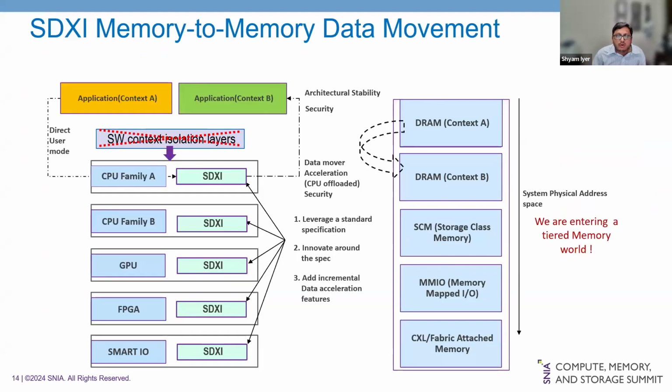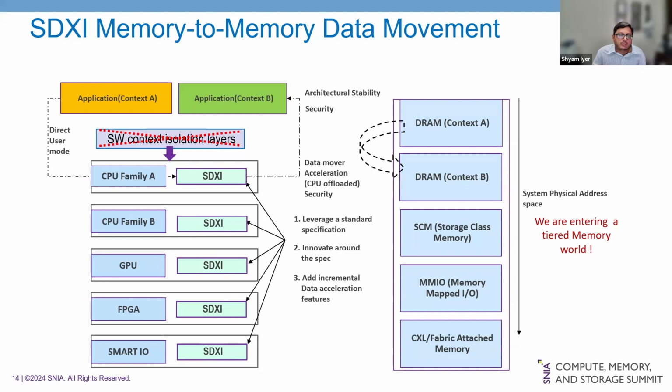And hence, you have this new standard that SNIA is developing that is independent of where it's implemented, whether it's in a CPU-based architecture, a GPU, an FPGA, or a smart I/O device.